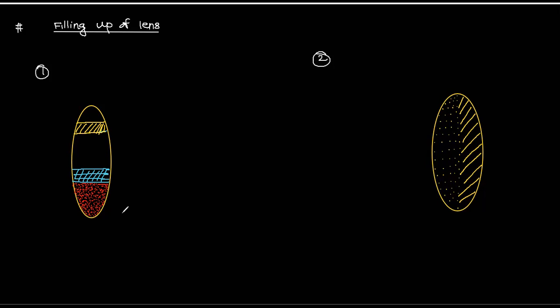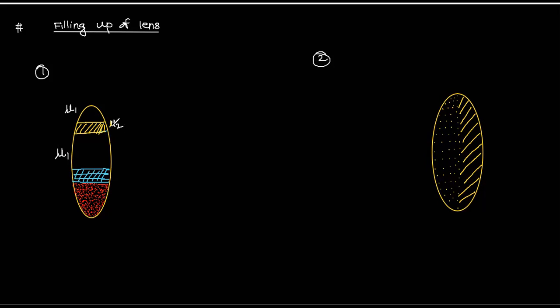Okay, so now see how many materials I have filled. This is also mu1 only, same, black, same. Let us suppose this is mu2, so I will write with yellow.